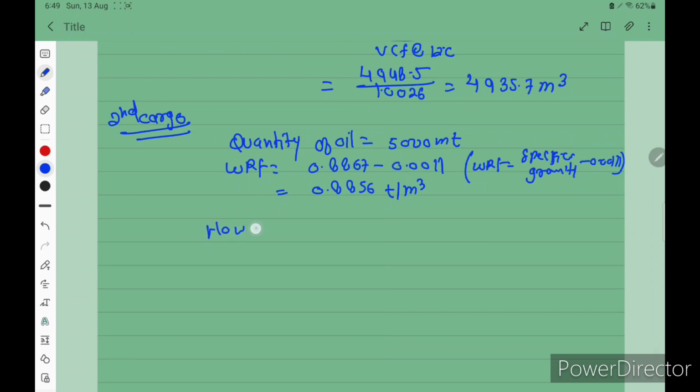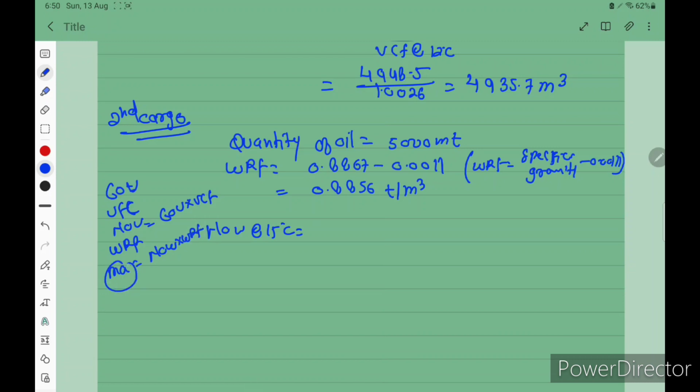So net observed volume at 15 degrees centigrade. When we are calculating directly, GOV then VCF, the net observed volume is equal to GOV into VCF, and then weight reduction factor, and mass is equal to net observed volume into weight reduction factor.